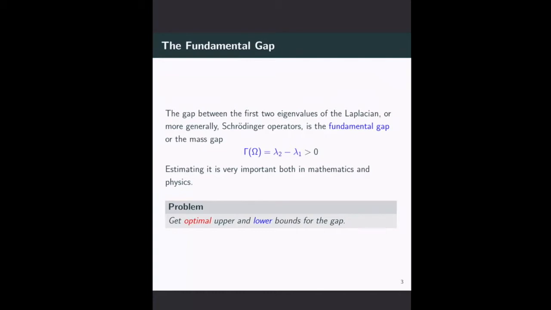As an example, lambda 1 tells you the energy of the stable state, and lambda 2 the energy of the next excited state. So it's how much energy we need to jump from the stable to an excited state. The problem is, can we estimate this gap? Can we have optimal upper and lower bounds for the gap?